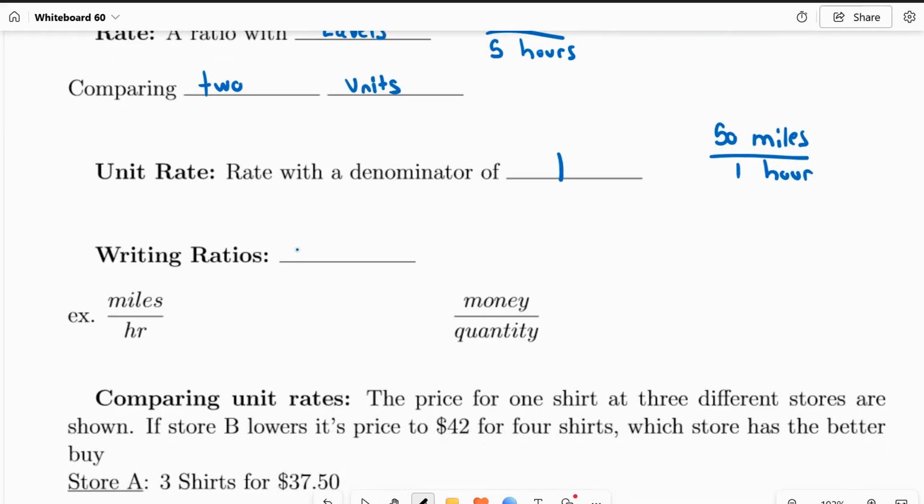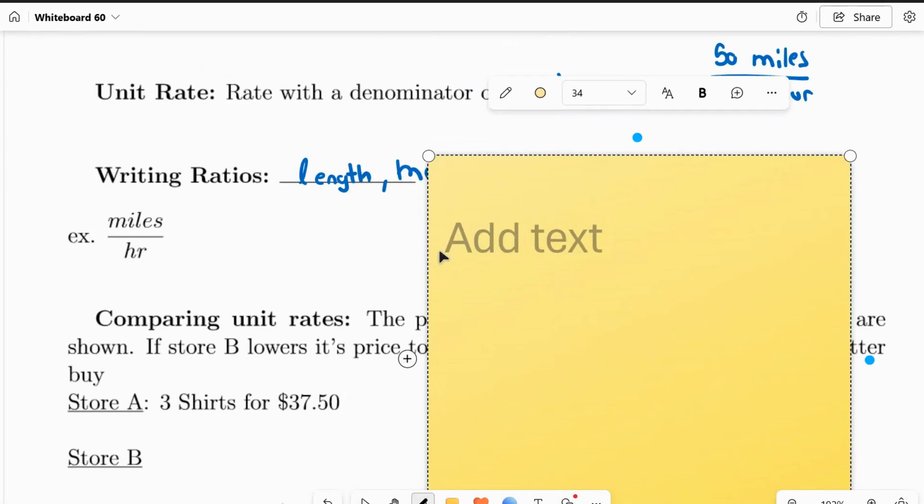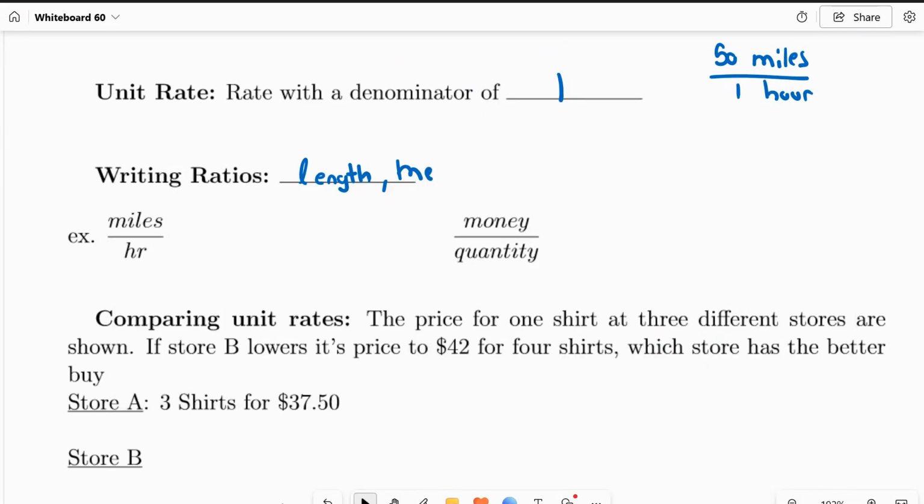We could be comparing lengths, different measurements, different times, etc. A couple of common examples would be miles per hour or money over quantity, which would be like dollars per item or maybe dollars per hour. These are our common types of rates and ratios.